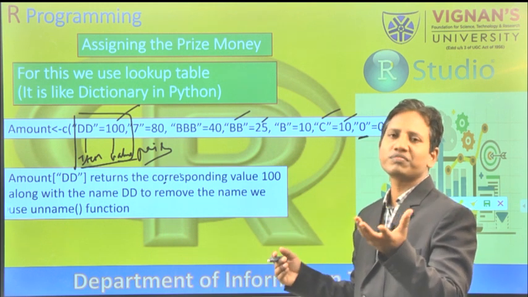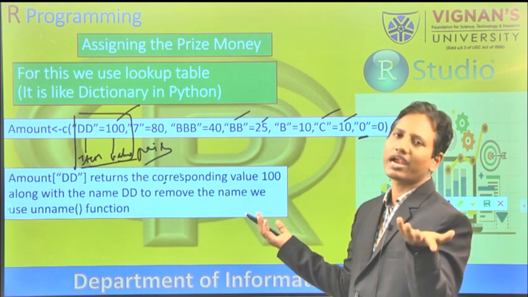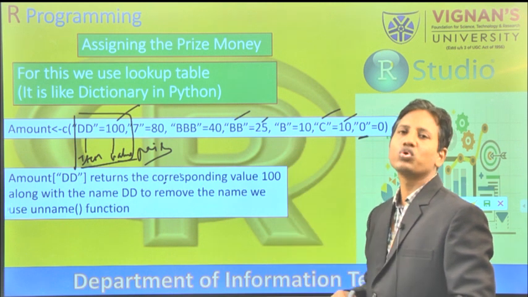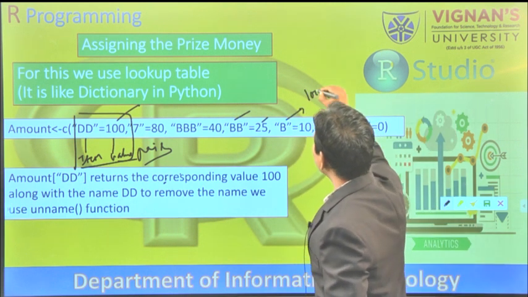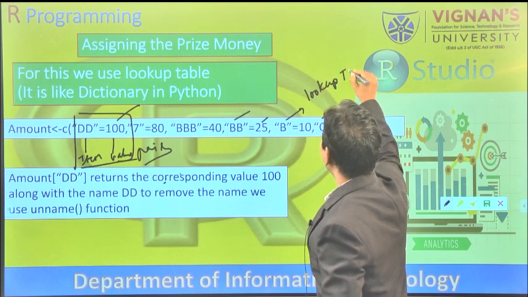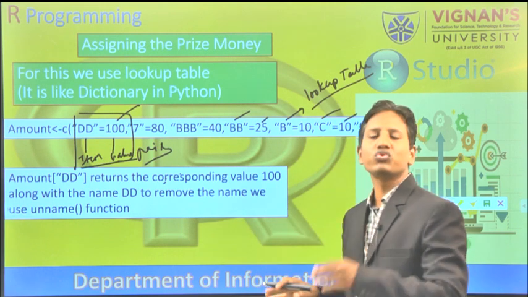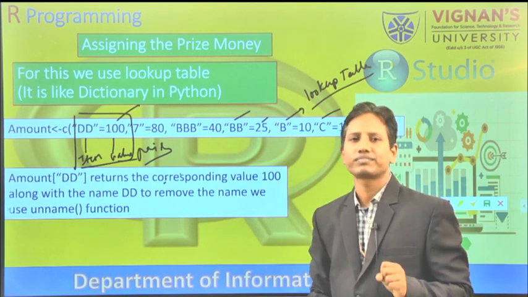Because as I said, 3 symbols are going to be same. So if I know one symbol, then I can identify the amount from this lookup table. In this table, you have to look for a particular item.